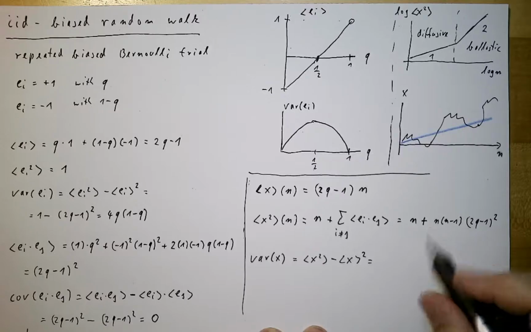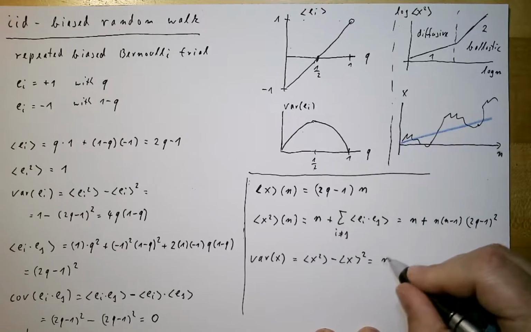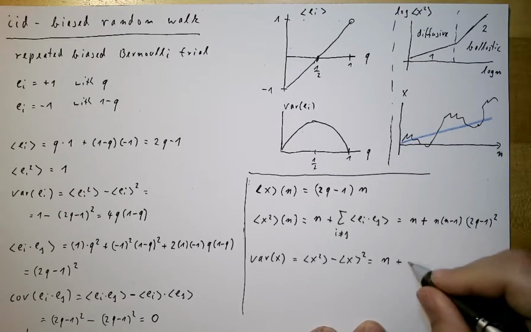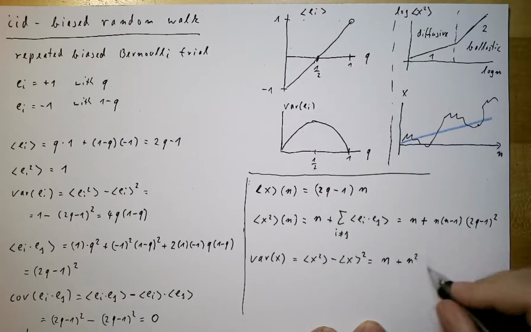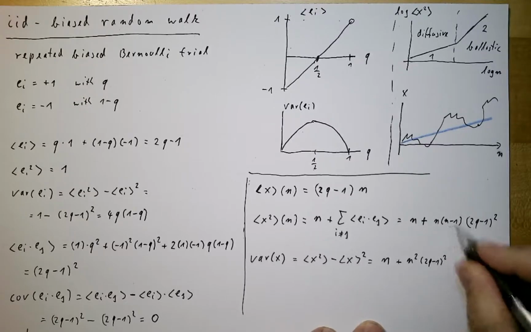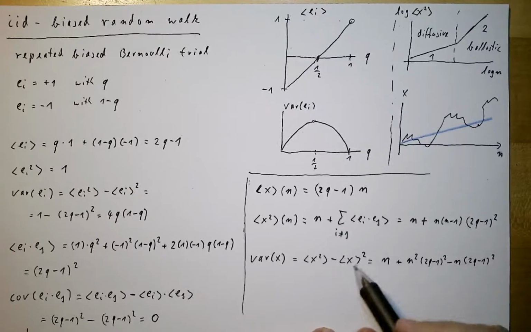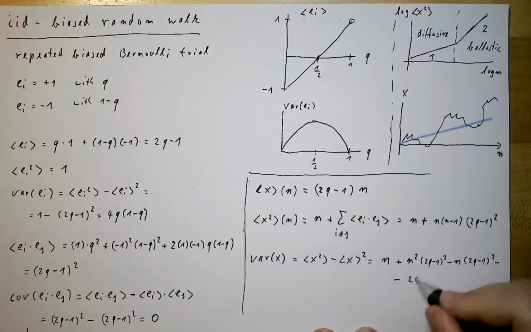So we have here the second moment: n plus n squared times (2q minus 1) squared, minus n times (2q minus 1) squared. And now we take the first moment squared, minus (2q minus 1) squared n squared.